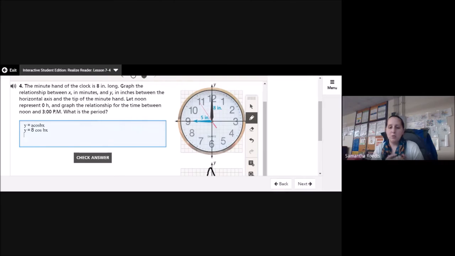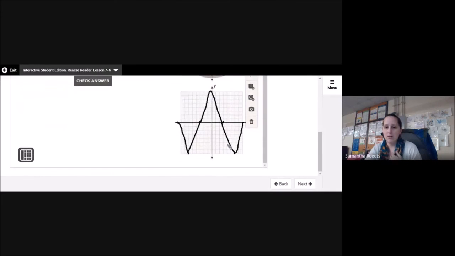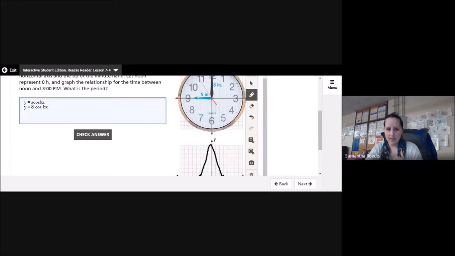So it goes back to where it started. So we complete one whole cycle at 12. So 12 equals 2 pi divided by b. So b equals pi over 6.